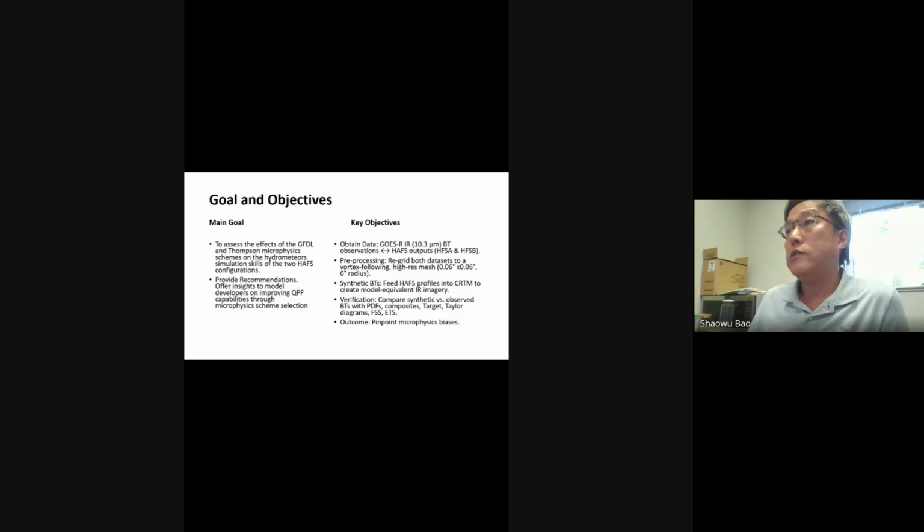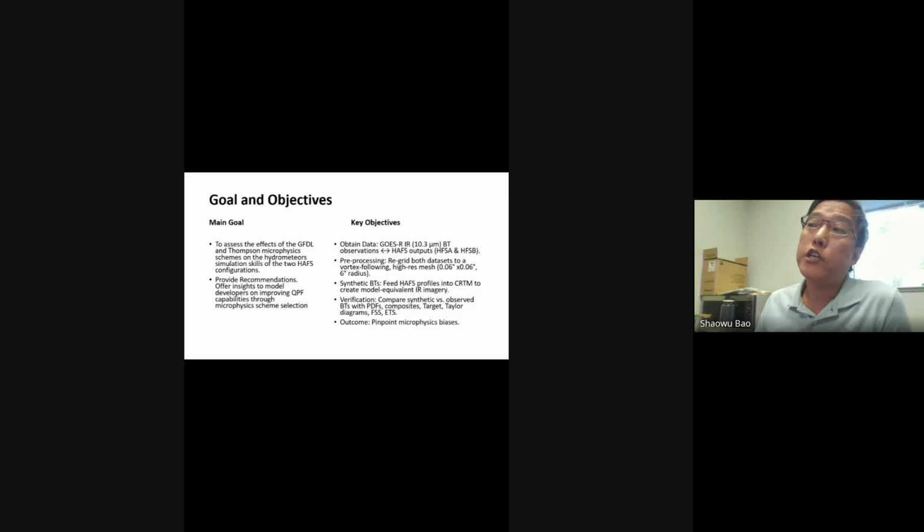The target grid is about 6 degrees by 6 degrees, and the resolution is 0.06, so for each storm, we will have 200 by 200 grid points. And we will feed the model results into the CRTM to create the synthetic images. And after that, we will use several verification methods to evaluate them.